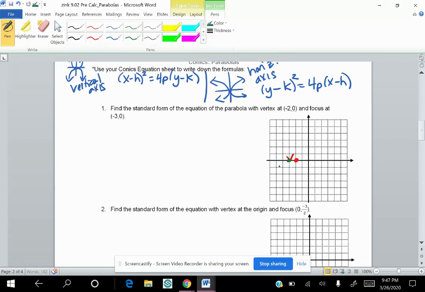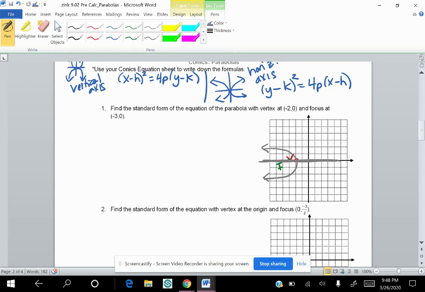Make that green. So I know that my graph is always going to go towards the focus. And I know that the vertex and the focus are always on the same line. That line is the axis of symmetry. So I know I'm going to open to the left, towards the focus. Since I'm opening towards the left, that means, like I said, my axis of symmetry is a horizontal line.